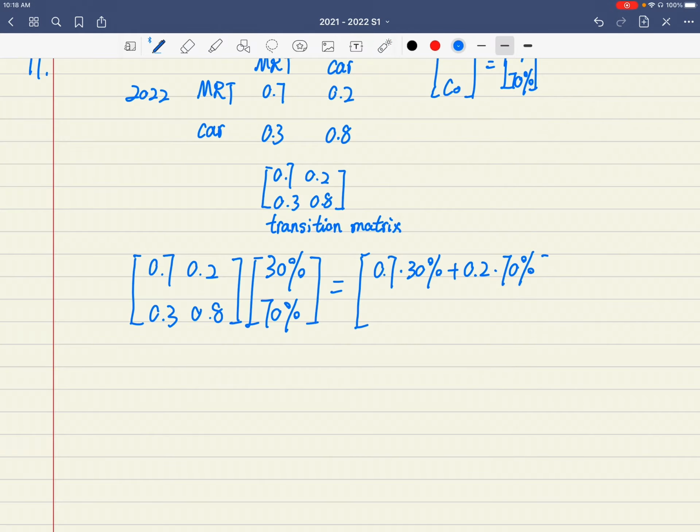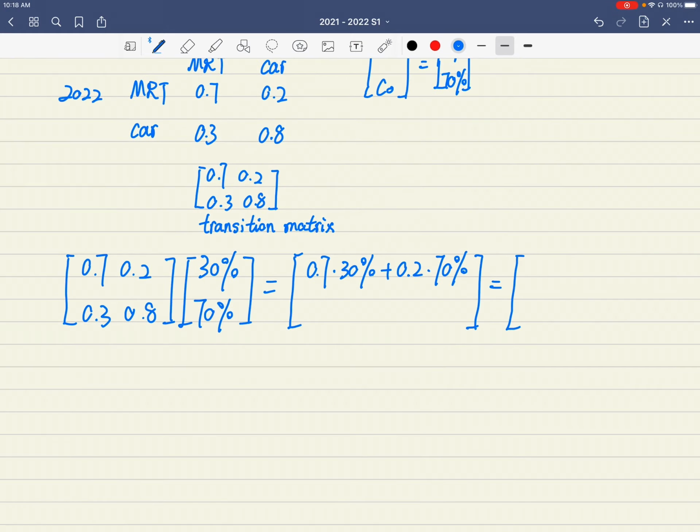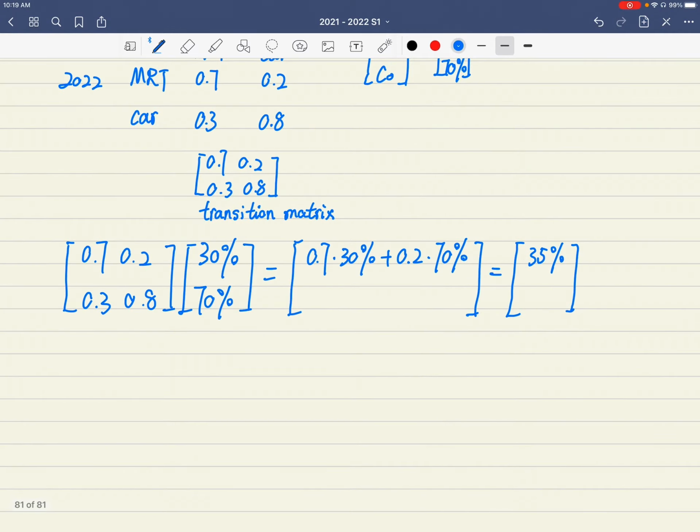The sum of them will be the total population who will take MRT next year. You can do the calculation quickly, there will be 35%. So 35% of the total population will take MRT next year.